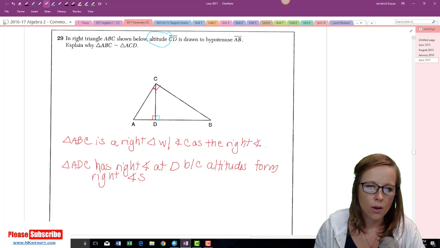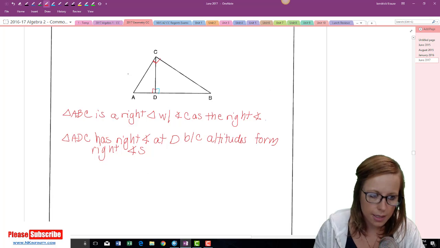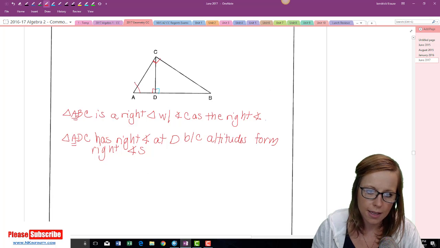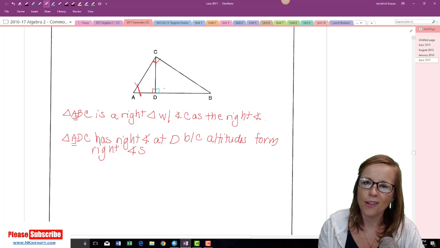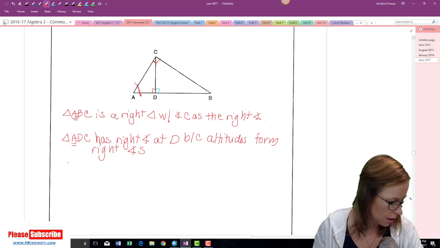Yeah? And then clearly ABC and ADC share angle A, so they have angle-angle similarity. Let's see.